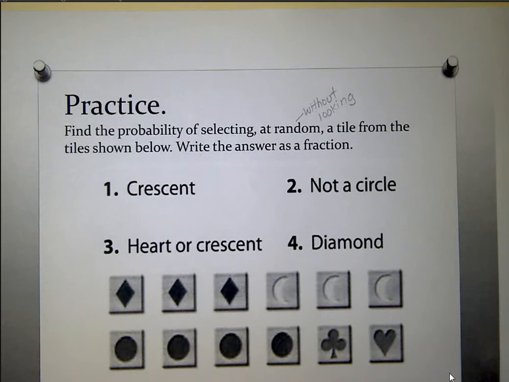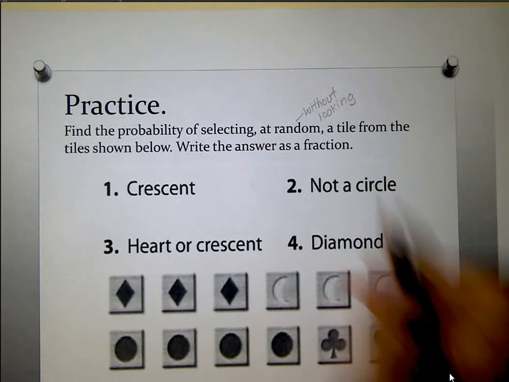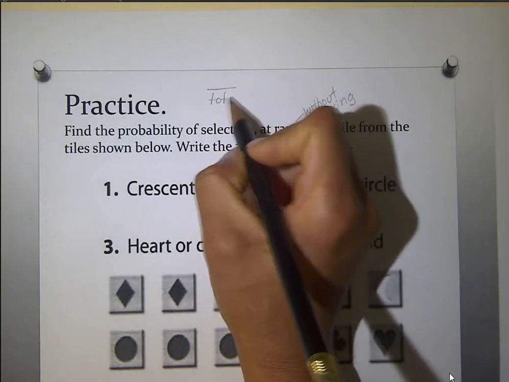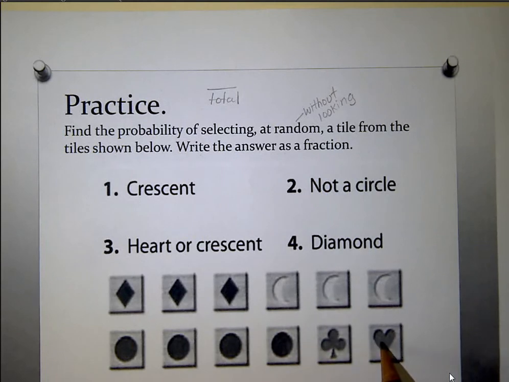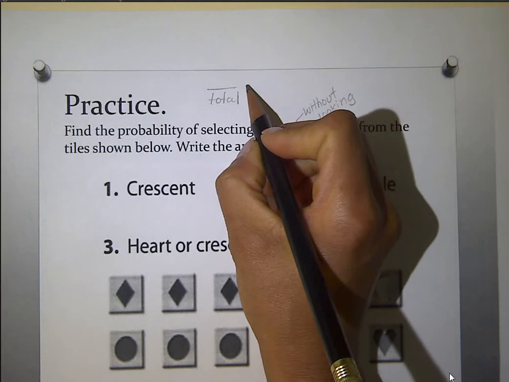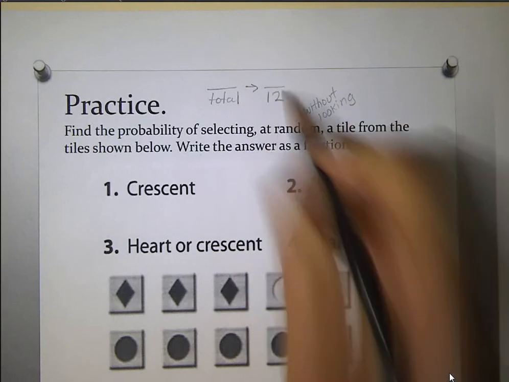Write the answer as a fraction. So the first thing I need to do is count up and find my total. 1, 2, 3, 4, 5, 6, 7, 8, 9, 10, 11, 12. So I know that there are 12 shape tiles.